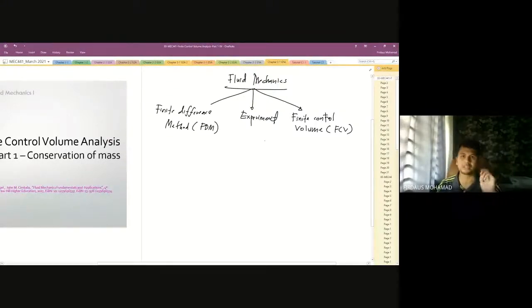Okay, so these are the three methods or approaches that can be used to solve any fluid mechanics problem.